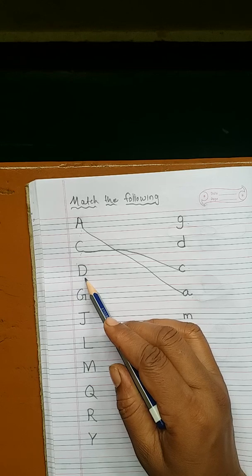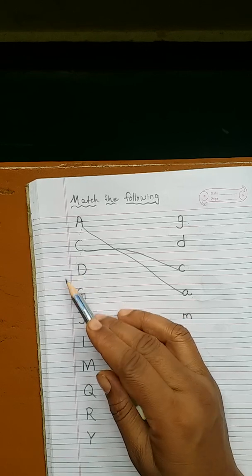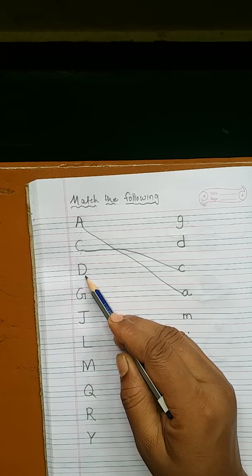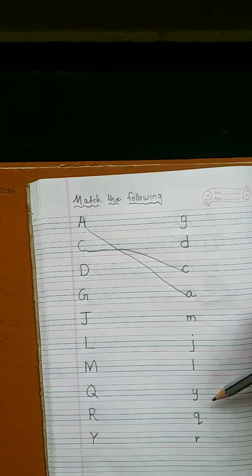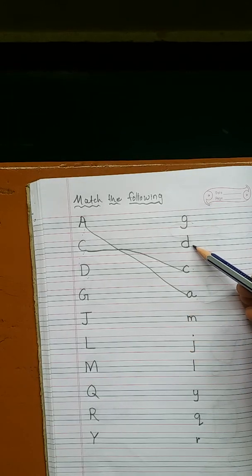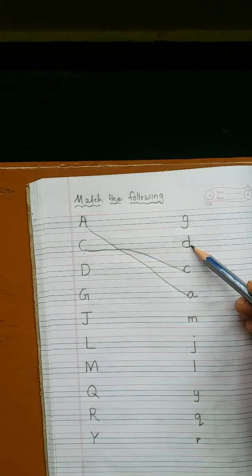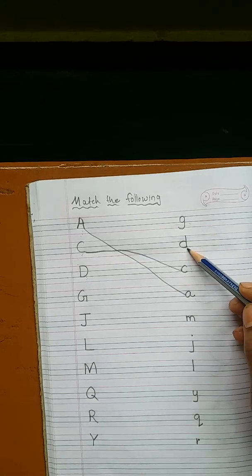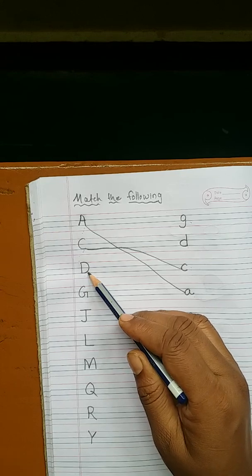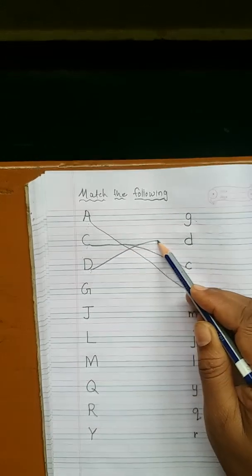Now look at the next letter. This is capital letter D, and here we have to match small letter D. This is capital letter D and this is small letter D. So here what we have to do? We have to draw a line.